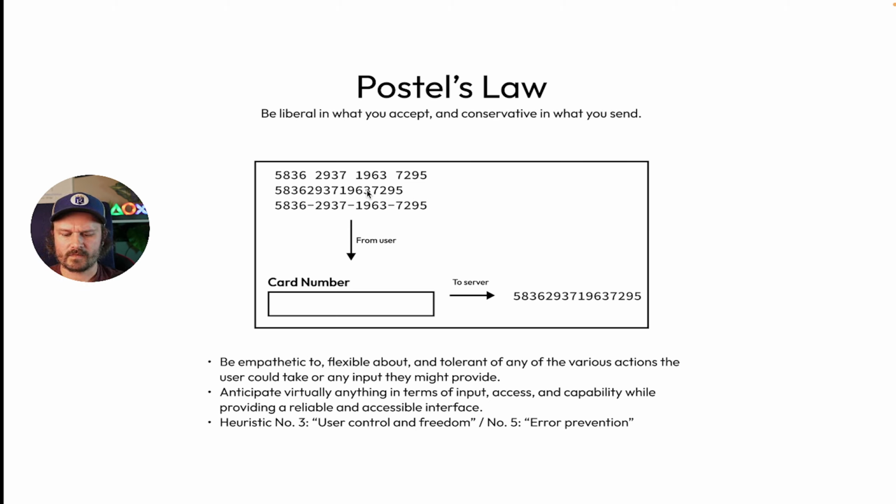And so error prevention could be invoked by, again, accepting a wide variety of input types, input formats, I should say, so as to not ding the user for putting it in a different way, maybe the way that it appears on the card. That is sort of a loose explanation of Postel's law.